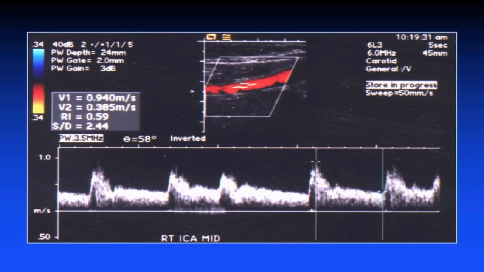You don't want to use the compensatory pause. You have to use normal sinus rhythm. And if you can't get an appropriate normal sinus rhythm, you can't use these criteria. So in this case, for example, I would have used this spectral pattern here to get the appropriate measurements, not this one.